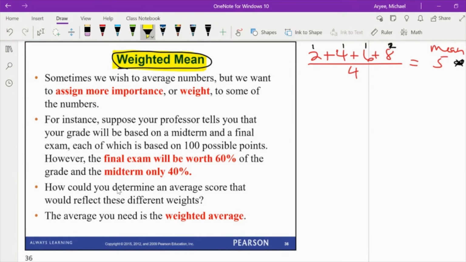For example, in this class, each test is 20% of your grade, and we do three tests, so all tests in our class together are 60% of our grade.